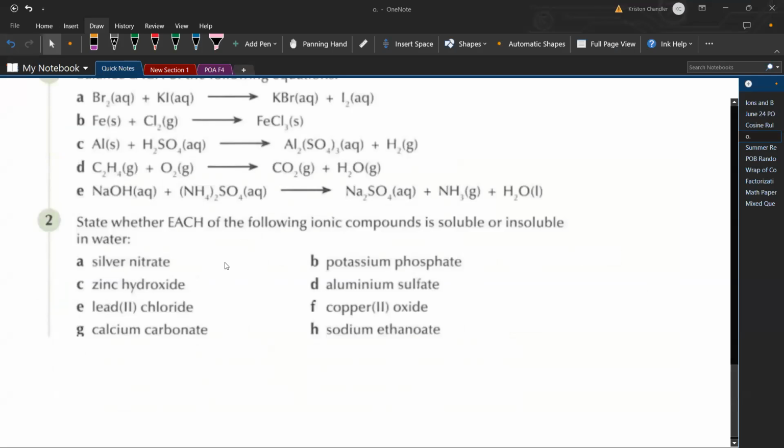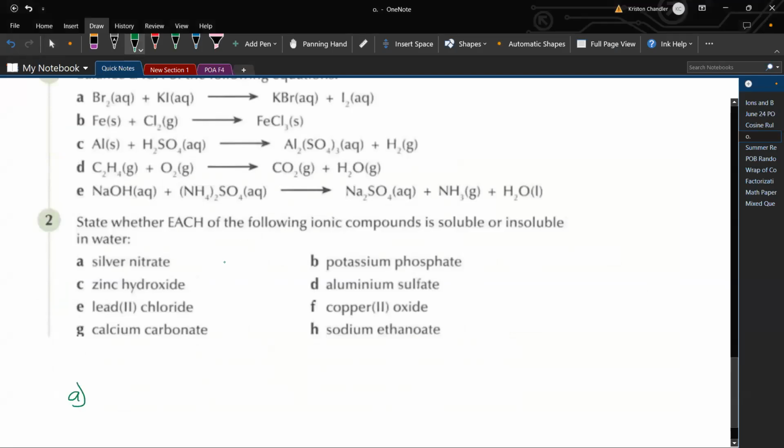All right, so let's look at these equations. Starting with A, we have Br2, right? They were kind enough to include our symbols and our state symbols, and all we are required to do is balance these.